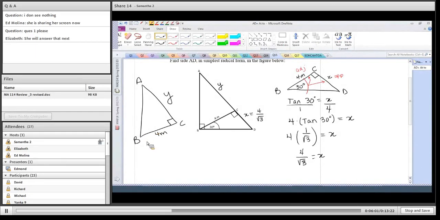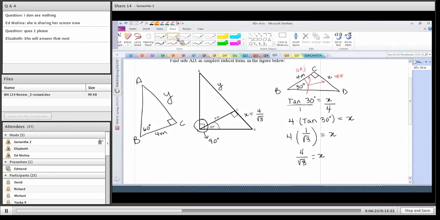Well, we know that this whole thing is considered to be 90 degrees. And we know half of the angle is 30, therefore this must be 60. So angle B in this triangle is going to be 60 degrees. Why? Because 60 plus 30 is 90.